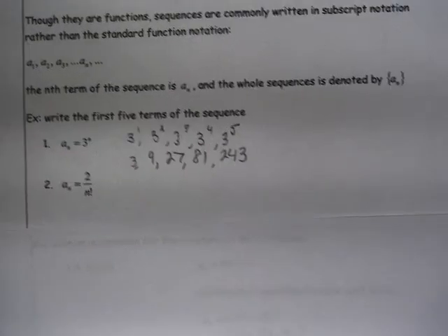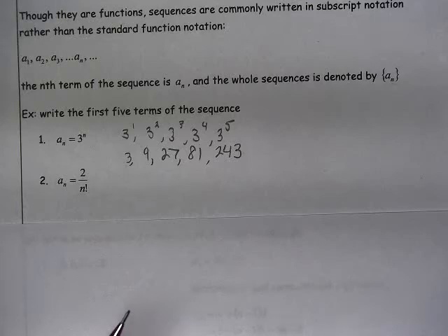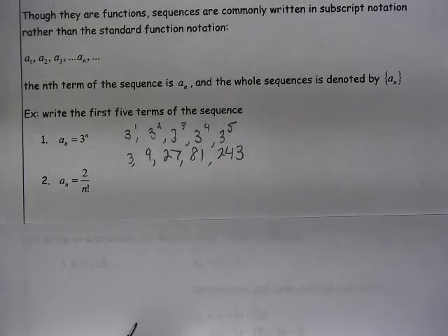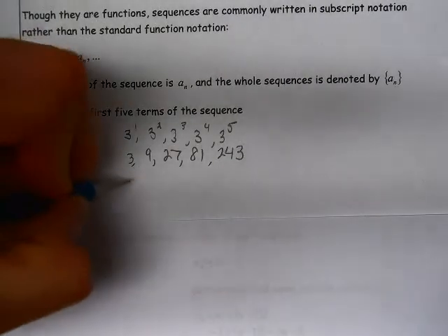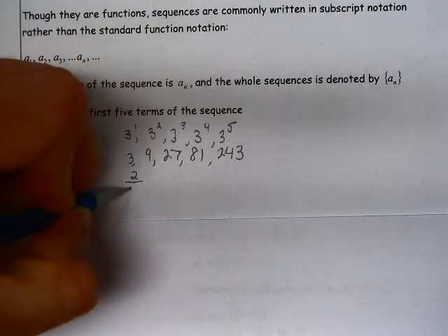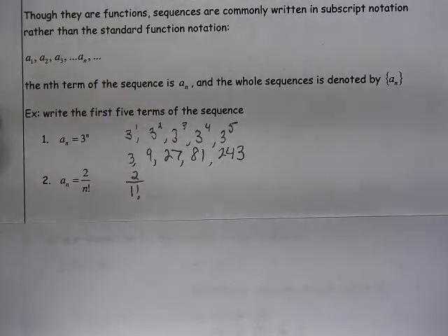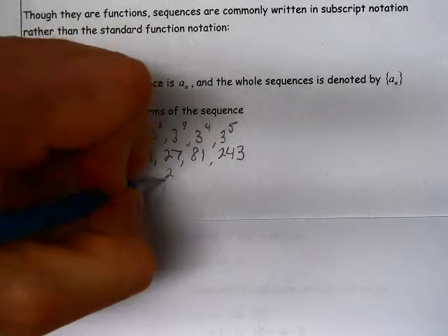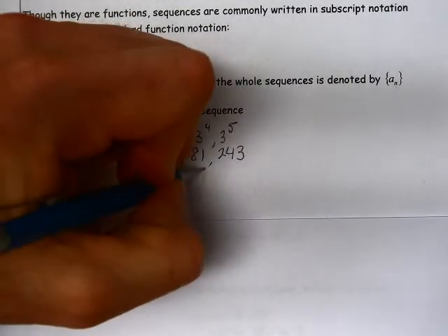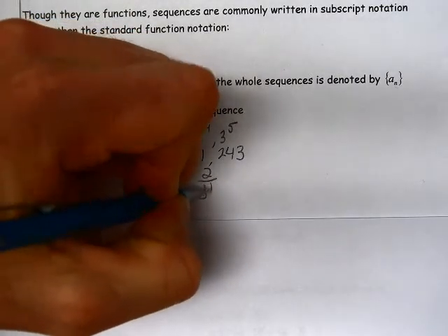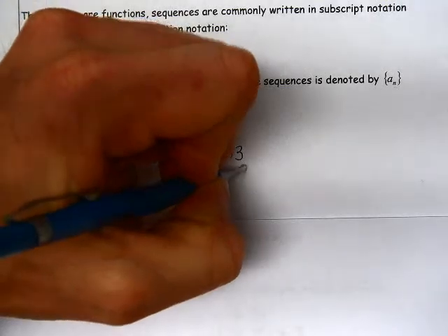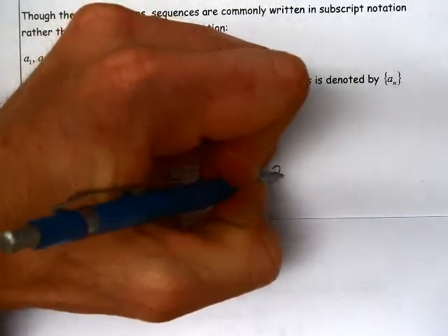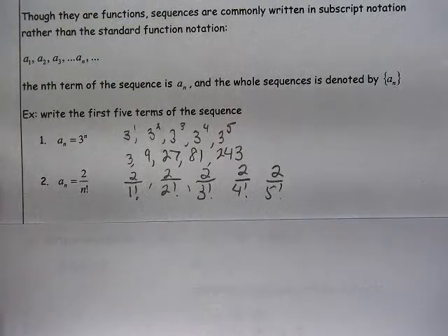We could also list the first 5 terms of this sequence here. We have 2 over n factorial. Alright, so the first term is going to be 2 over 1 factorial. The second is going to be 2 over 2 factorial. 2 over 3 factorial is the third term. 2 over 4 factorial. 2 over 5 factorial.